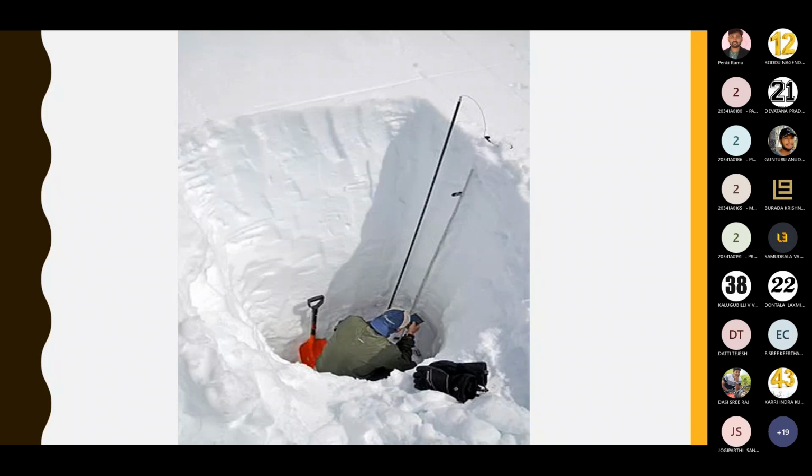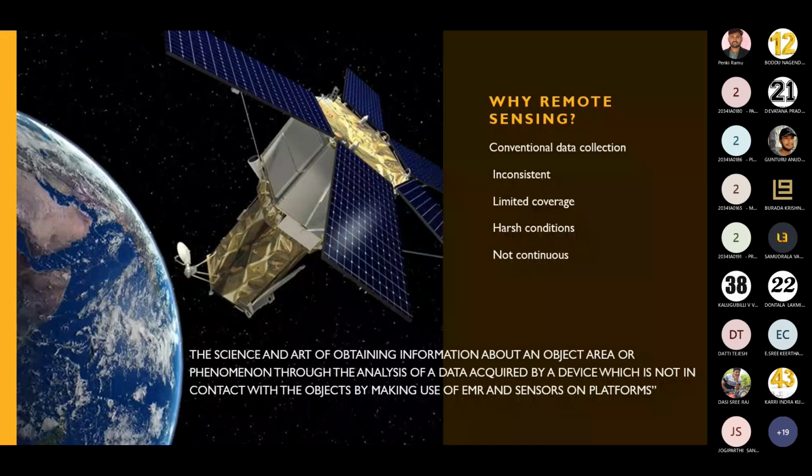And with remote sensing, why remote sensing? The first thing is that conventional data collection is inconsistent. Today I will go to the field and collect the measurement. Tomorrow some other person will go to the field and collect the measurement. Since two different people are involved in collecting the same measurement, the way in which we perform the experiment may not be exactly the same, because of which the observations may not be 100% comparable.